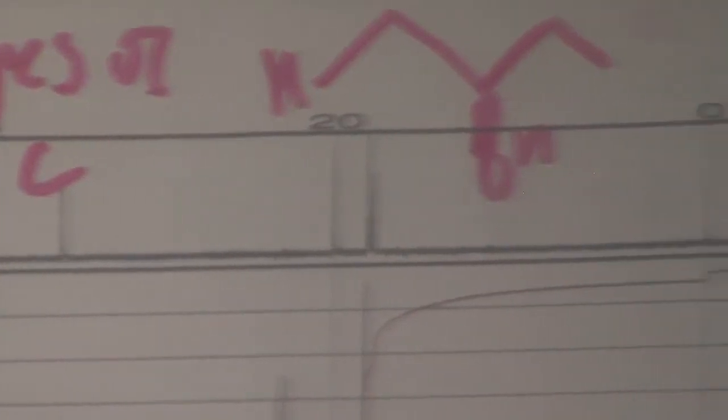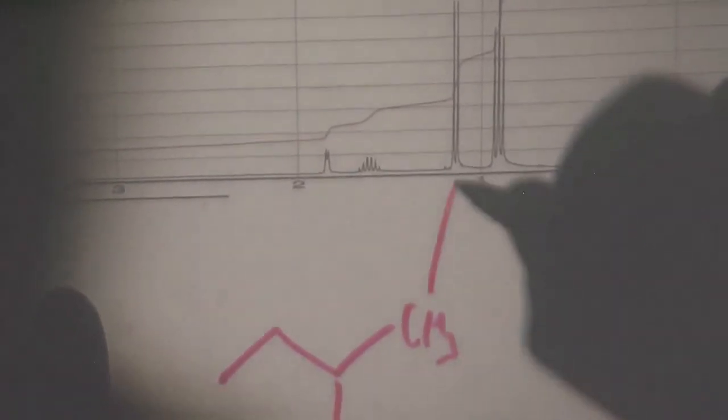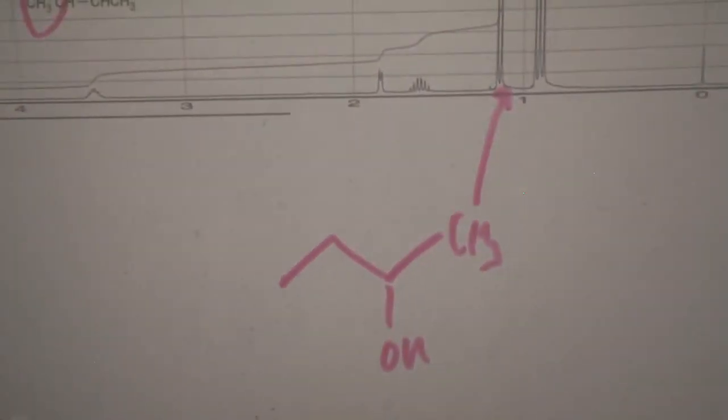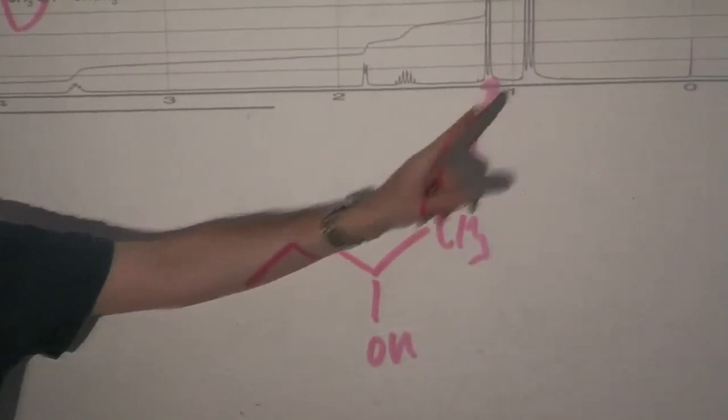If you look at the proton NMR, it's a little confusing at first until you think about what's going on. It's not hard to realize that this methyl group that's beta to an oxygen gives rise to this doublet.